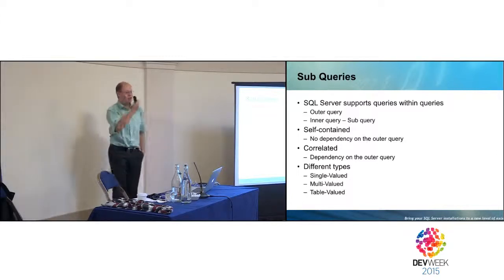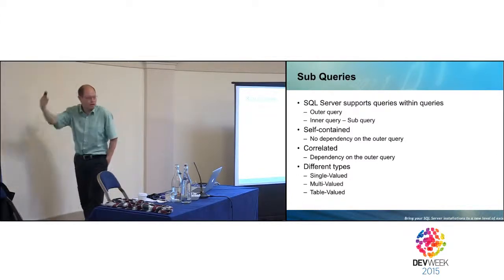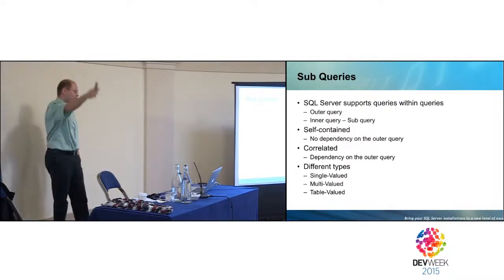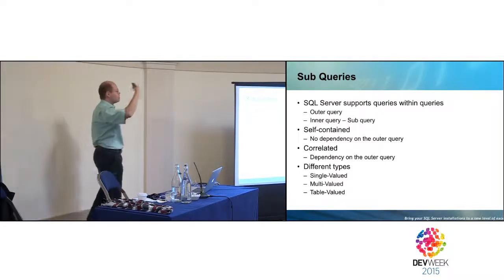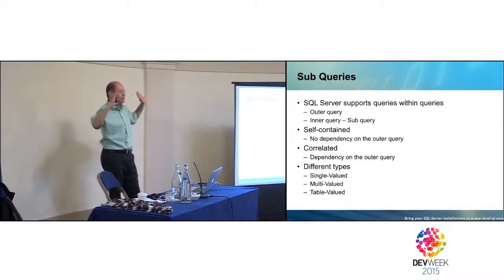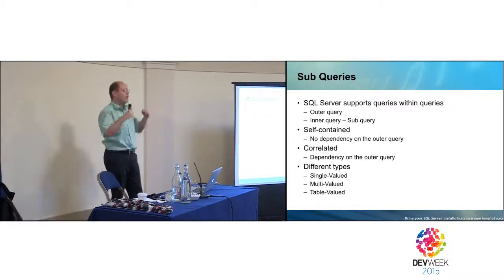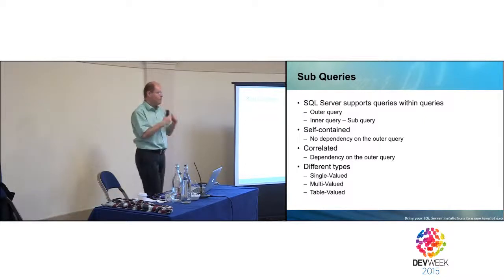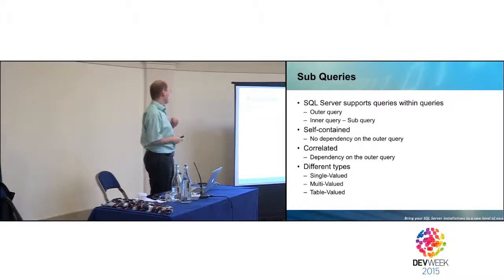Means from a logical perspective, the correlated subquery is executed for every row from the outer query. But as we will see here, the query optimizer can do again amazing things. It doesn't mean that the correlated subquery has to be executed for every row on the physical level. We just specified that on the logical level.